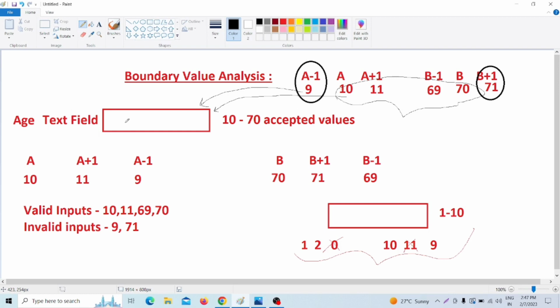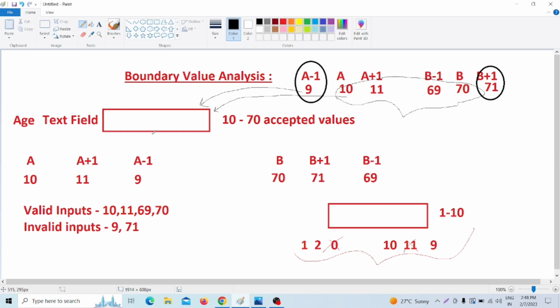That's why we will use boundary value analysis. In boundary value analysis, apart from those 60 test cases, we only use these 6 test cases, and it will save our time. Okay, and here we will get both positive and negative test case scenarios. I mean 100% test case coverage.